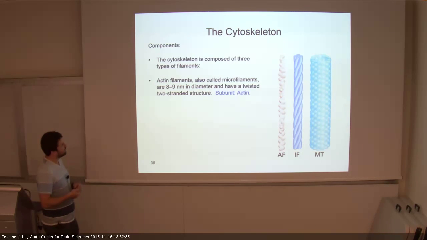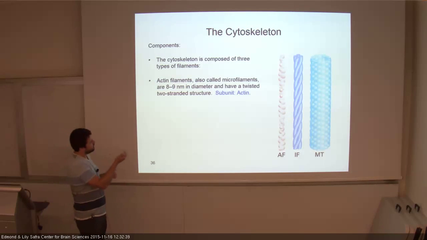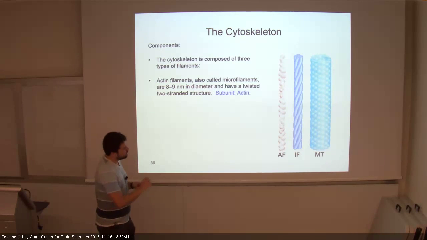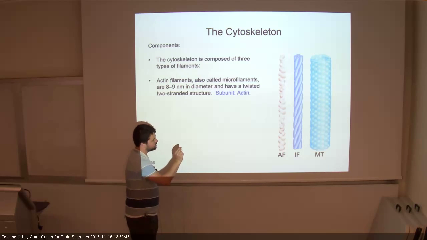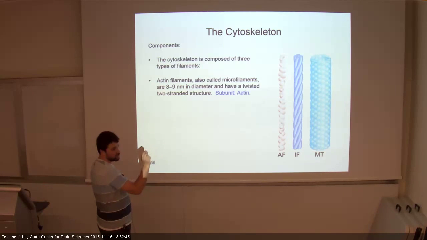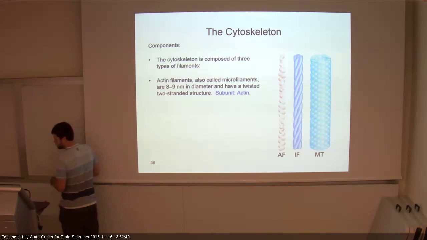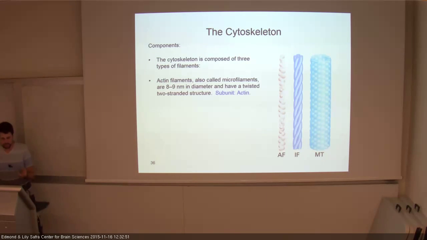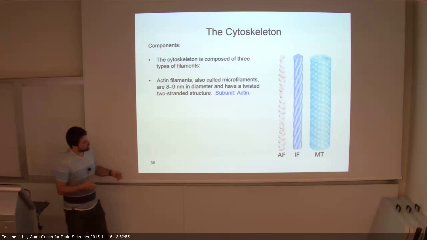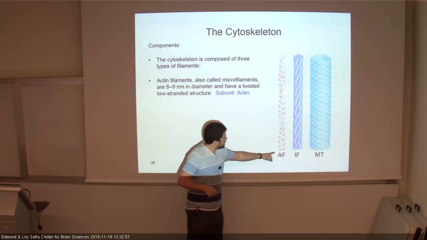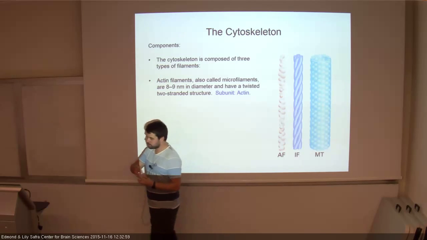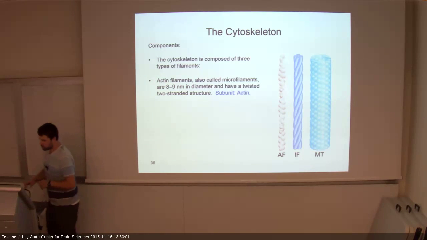It's about 8 to 9 nanometers in diameter, and it has a twisted, rope-like formation. It is composed mainly of a small protein subunit called actin, and the filament is composed of multiple subunits of the protein actin.